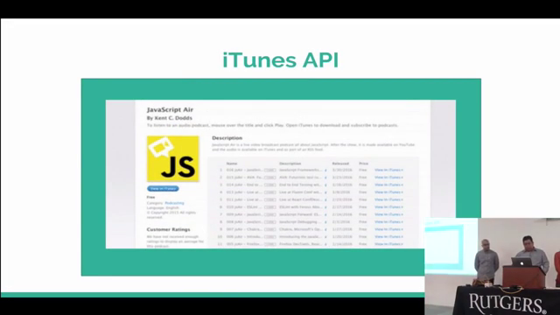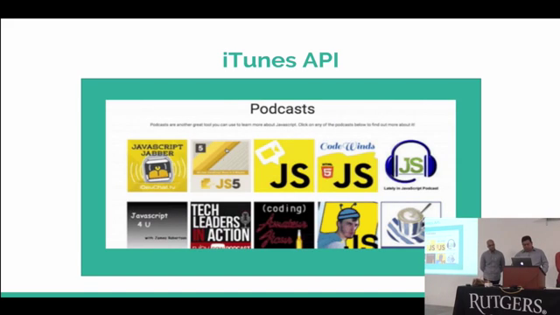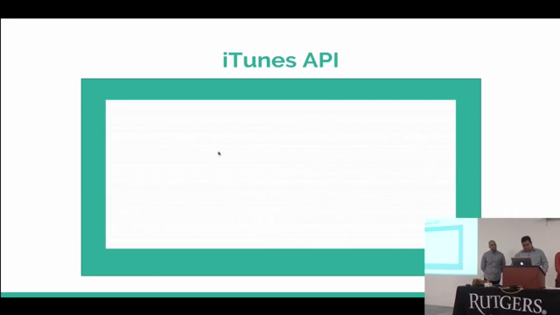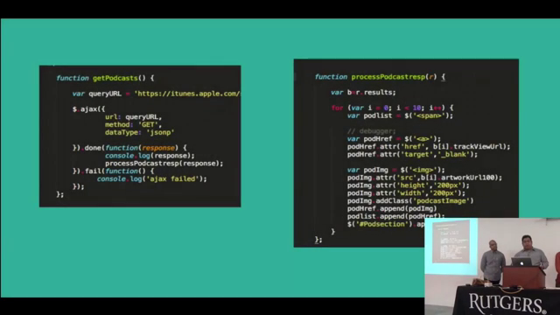For the iTunes, I also use the Apple iTunes API, and this is very good when you're traveling. You just listen on your iPhone. So I just use the iTunes Apple API, and just put it on the HTML.